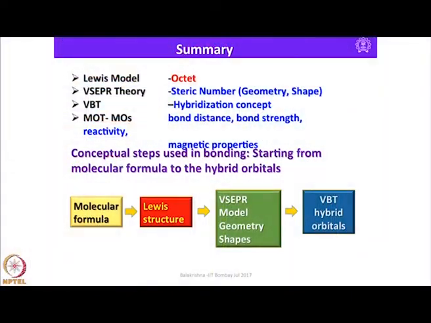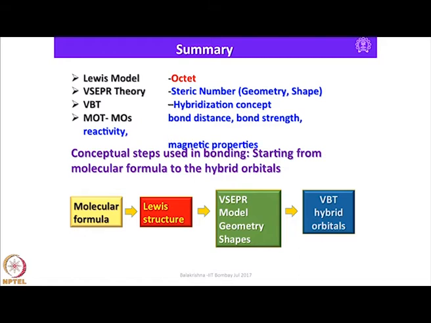A summary about structure and bonding: we began with the Lewis model, where we showed the octet and also its limitation, and also VSEPR theory. It gives steric numbers, and also it predicts geometry as well as shape. Then valence bond theory with the hybridization concept again gives geometry as well as shape, and molecular orbital theory gives bond distance, bond strength, and also some idea about the reactivity of those molecules and also magnetic properties.